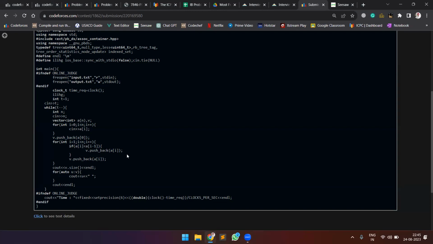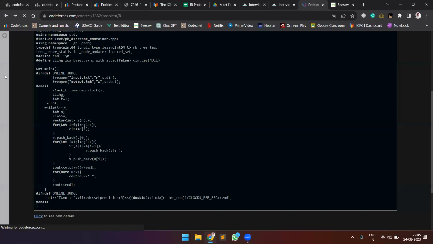Then only I'll add this a of i. Basically, this is the a of i which is between both these numbers, and this a of i is the original number which is originally in the array. So if this happens, then only I'll add it, and I have to add the original number in any case. So in the end, I print the size and the array, and the question is done by this method.